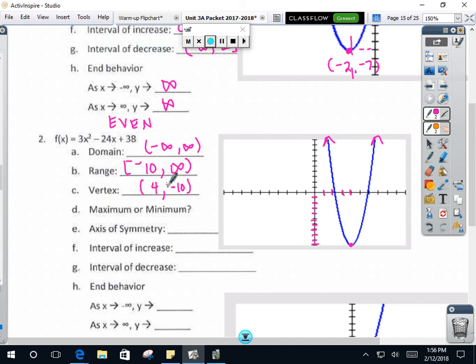Is that vertex a max or a min? A minimum. If your vertex is 4, -10, the axis of symmetry would cut through the x-axis where? At 4, so x equals 4. Okay, the interval of increase. Look at the board. Doesn't it start increasing here and increase forever that way? So that's from 4 to infinity.